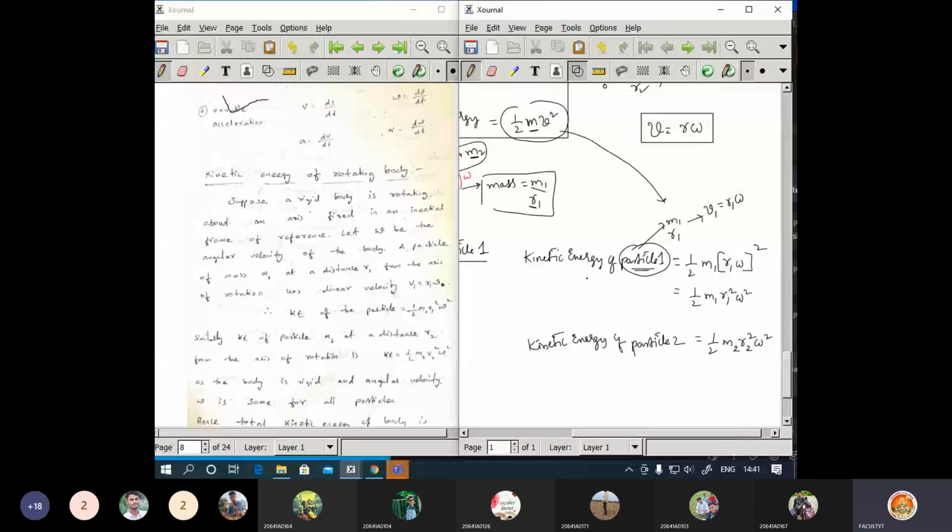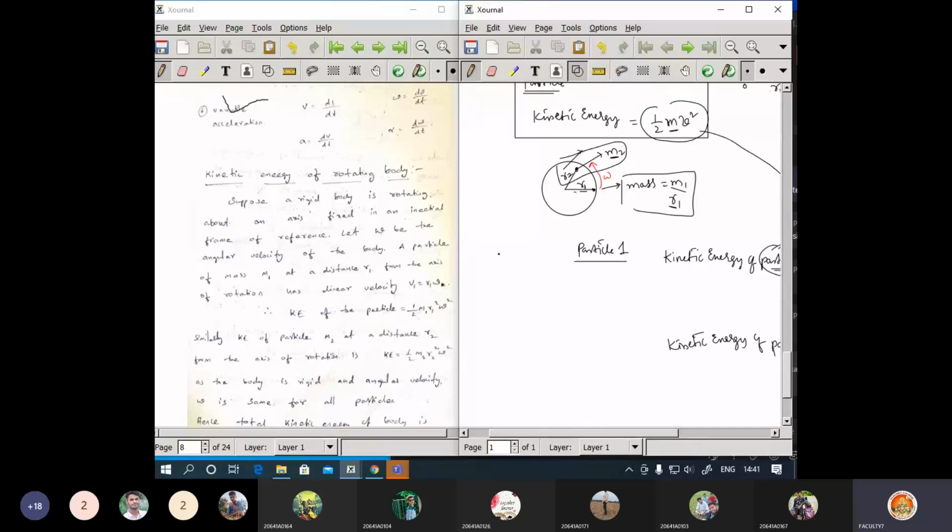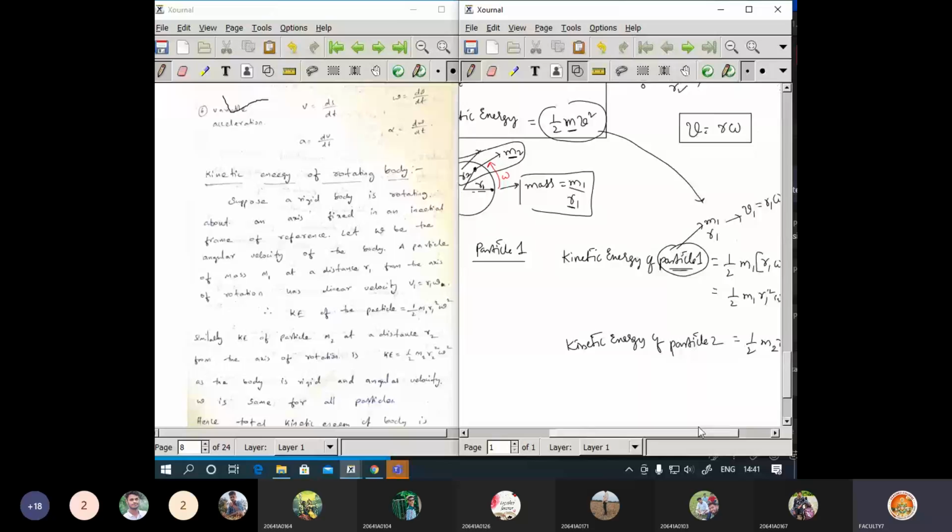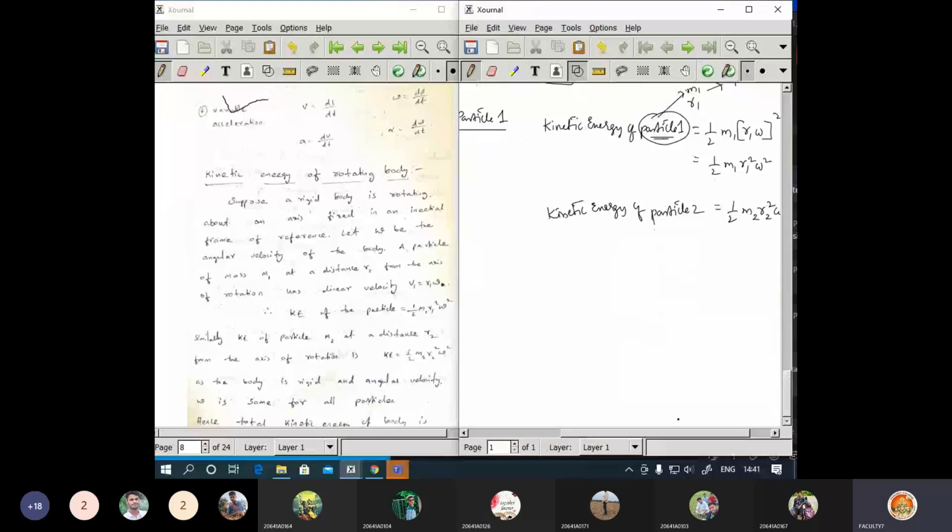These are the kinetic energy of only two particles. But initially what we had seen is a rigid body with a large number of particles inside it. So now we will take the third expression, the total kinetic energy considering the rigid body.